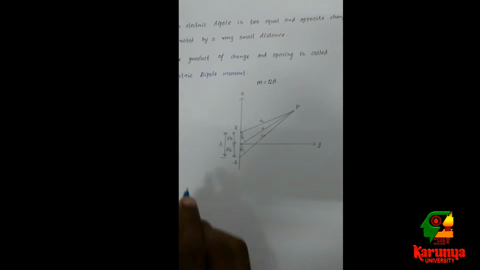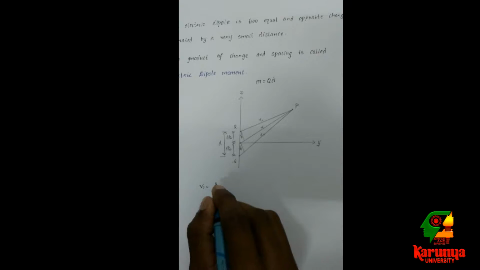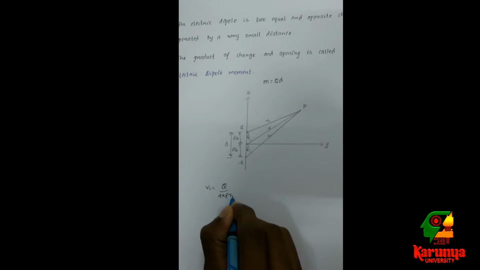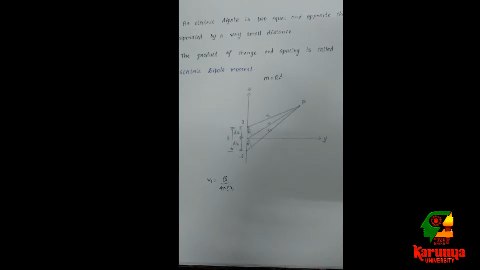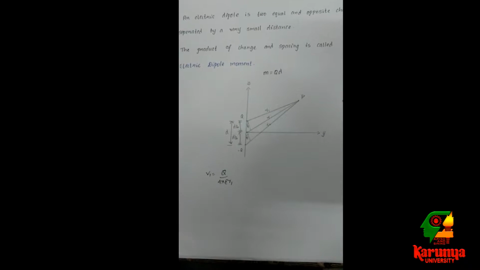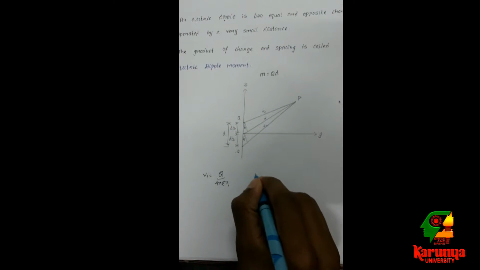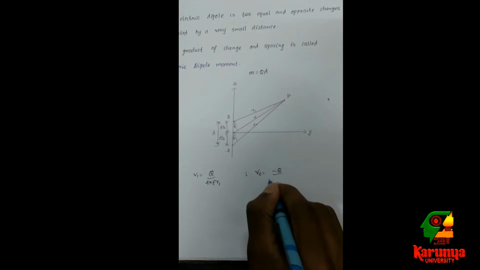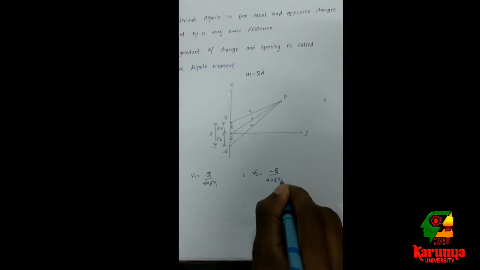Now let us see the potential at P due to the positive charge q, that we can write as V1 is equal to q divided by 4 pi epsilon r1, where r1 is the distance between the charge and the point P. Due to the charge minus q, the electric potential can be written as V2 is equal to minus q divided by 4 pi epsilon r2.